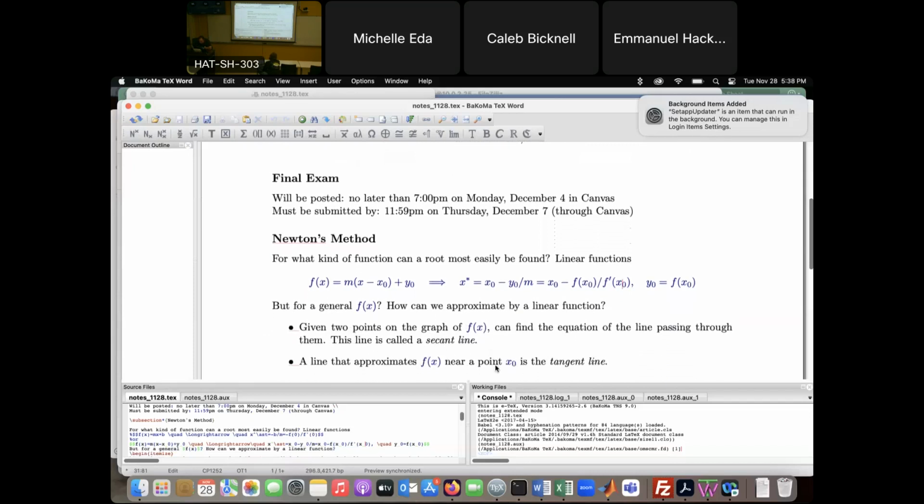Or if we consider just 1 point instead of 2, we approximate f of x near that single point x naught by a line that matches f at that point, but also the slope of the line matches the derivative of f at that point. Well, that would be a tangent line approximation.